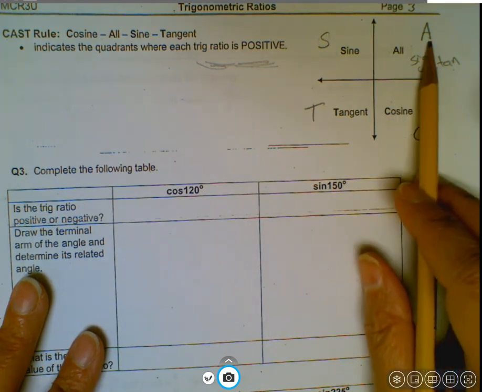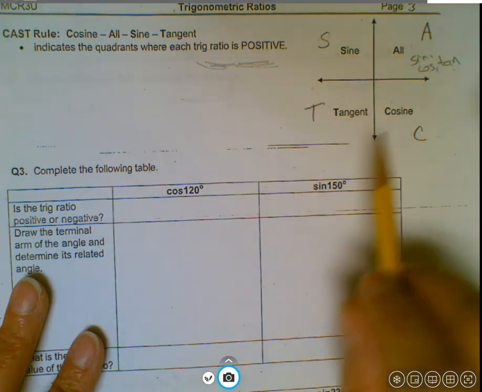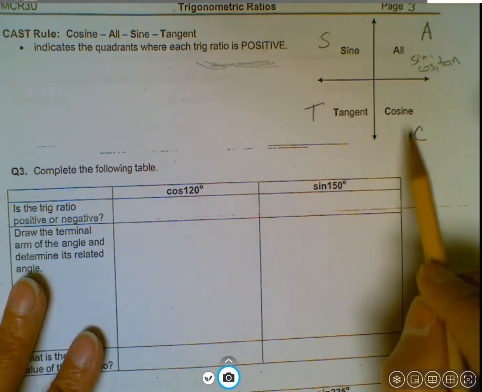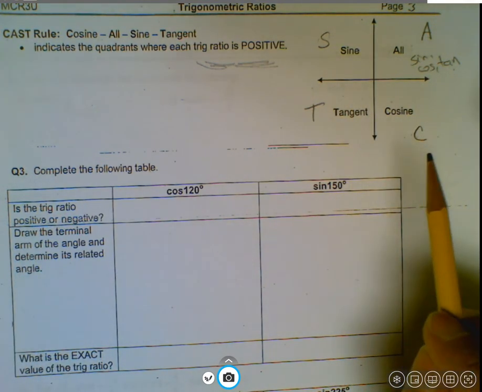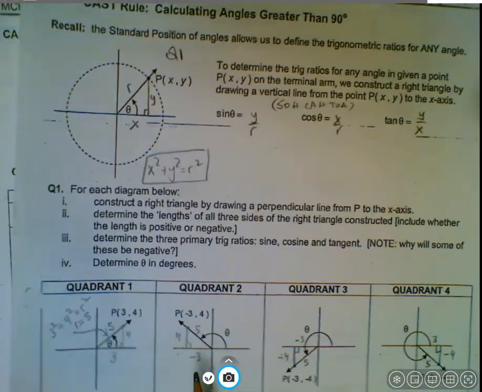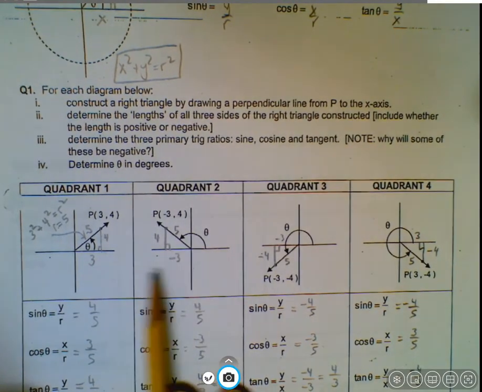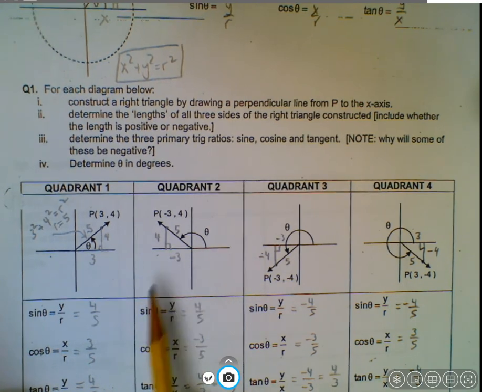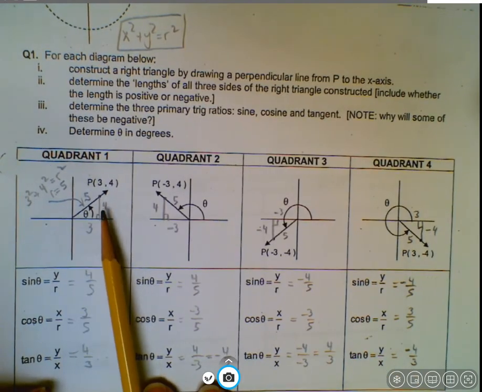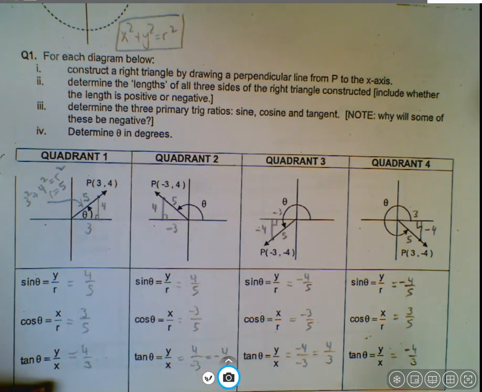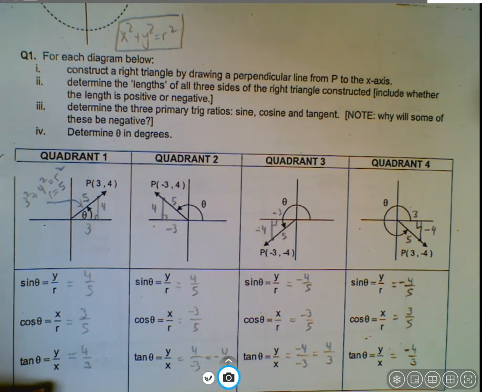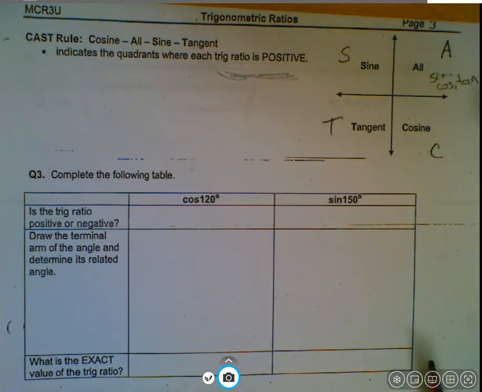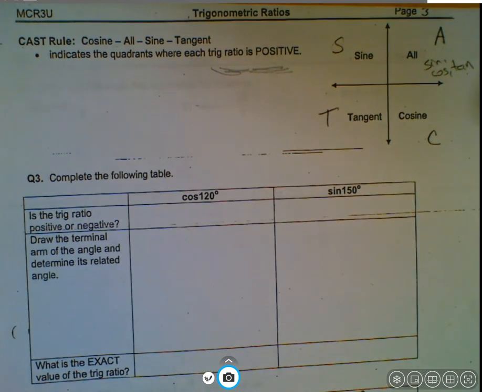But if you are going to draw a diagram for every question, there's absolutely no need to memorize which one is positive, because you can see from the diagram when you do the trig ratio if it's positive or negative. Okay, but I wanted to share that with you because some students find it helpful.